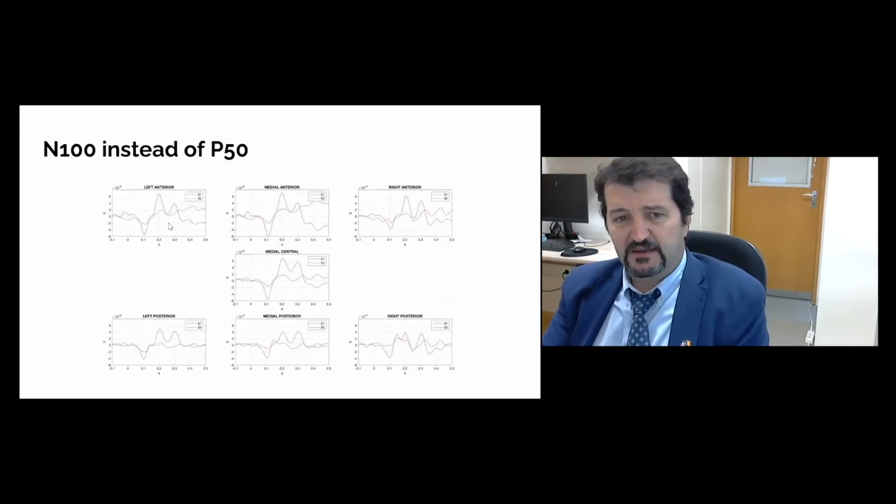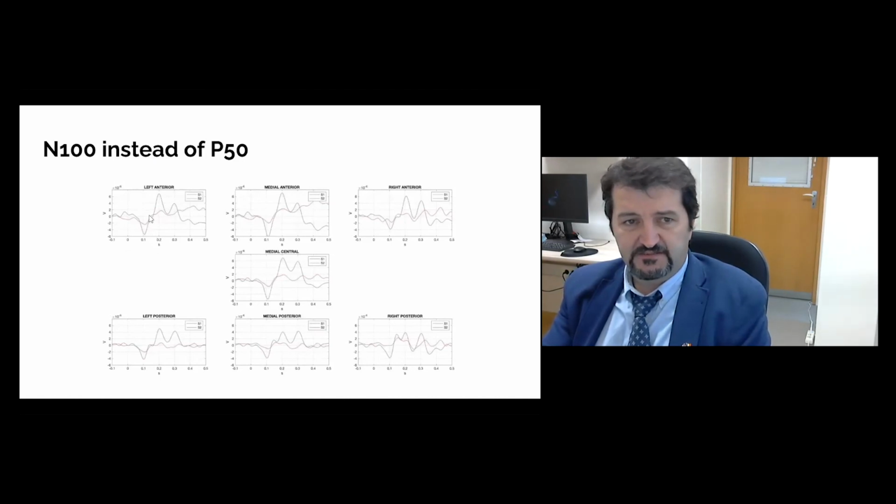Here we have an example. This is an ongoing analysis we are doing to understand. This is a P50 component, and this is an N100 component. This is S1, the blue one, and the red is just the gated signal in a healthy participant. So it's very difficult to assess this difference. But if we look at this component, it will be better.